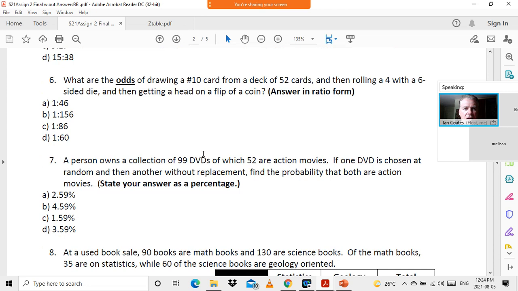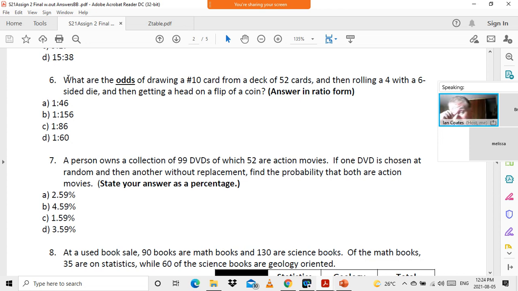What are the odds of drawing... Now this one here. What are the odds? Now what's your formula for probability? The number of desired divided by the total. What's your formula for odds? The number of desired divided by undesired. They're different, but they're definitely related.